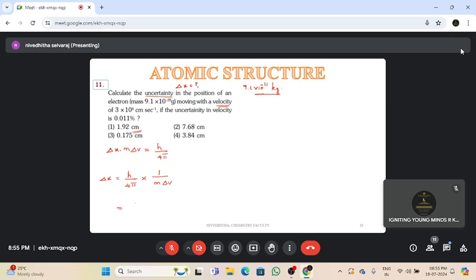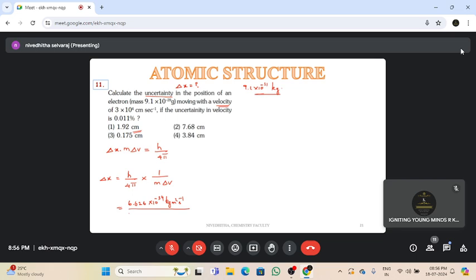We know the value of h, which is 6.626 into 10 to the power of minus 34 kilogram meter squared second power minus 1. Because in the denominator we have mass, and the mass of an electron can be expressed in kilogram, so that we can cancel those kilograms. So don't use joule here.